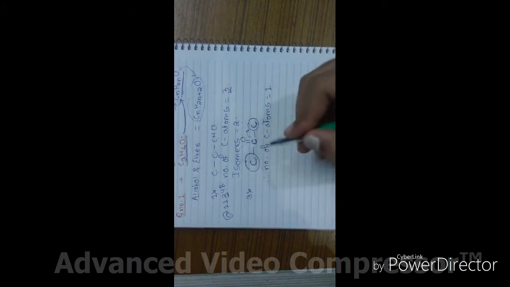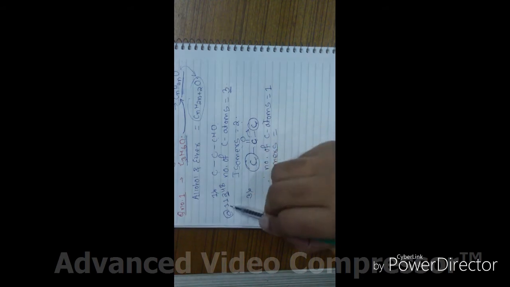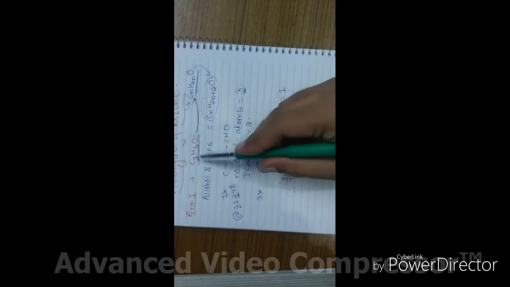So only one carbon is present. So for number of carbon atoms 1, 1 isomer is present. So total isomers equal 3 plus 1 equal 4. So for general formula C3H6O, total isomers equal 4.